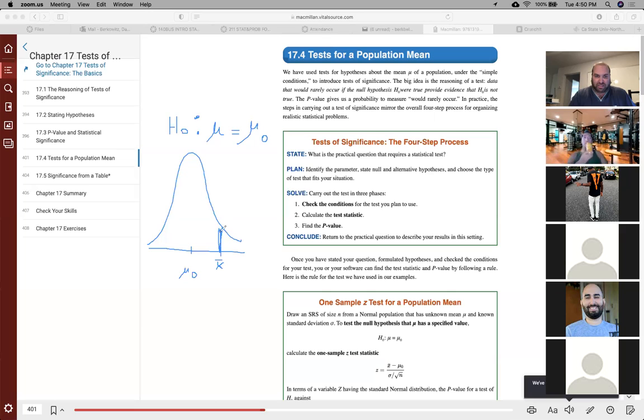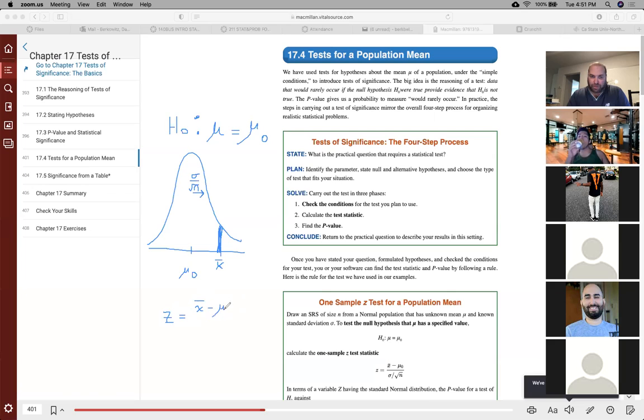So the test statistic is the value that you get that we're going to compare to the assumed value of the mean and the assumed value of the standard deviation. Remember, this is a sample standard deviation. So the sigma in this example is the original sigma over the square root of n. So our test statistic is going to be our z-score. We take our sample mean, which is X bar.